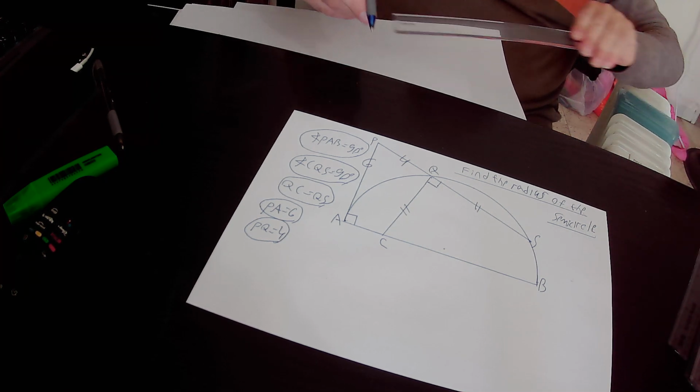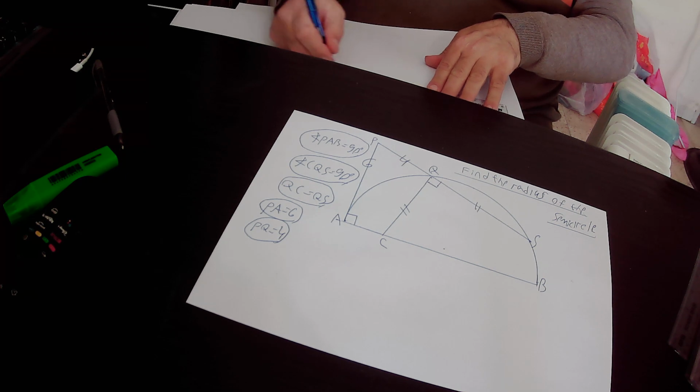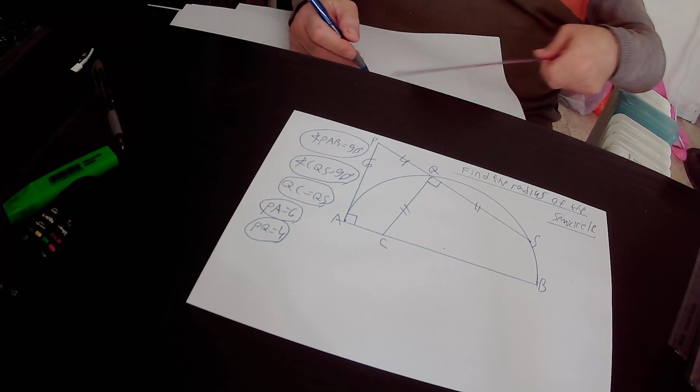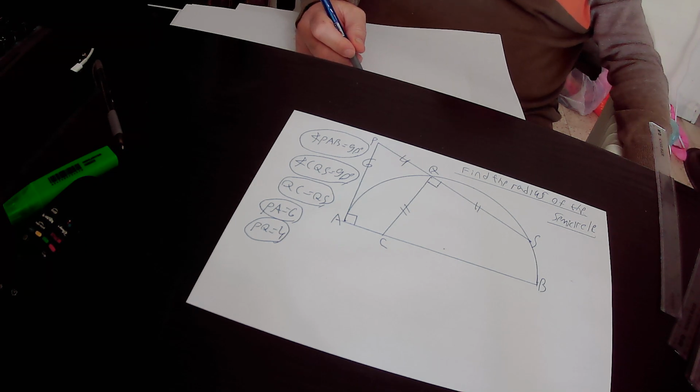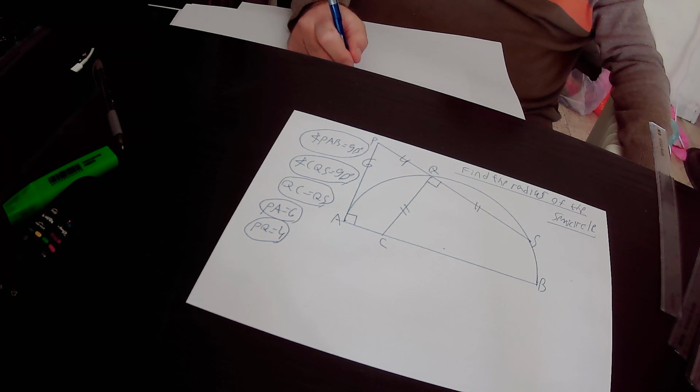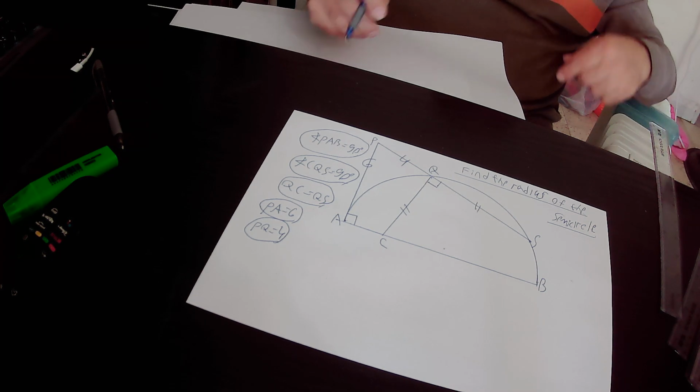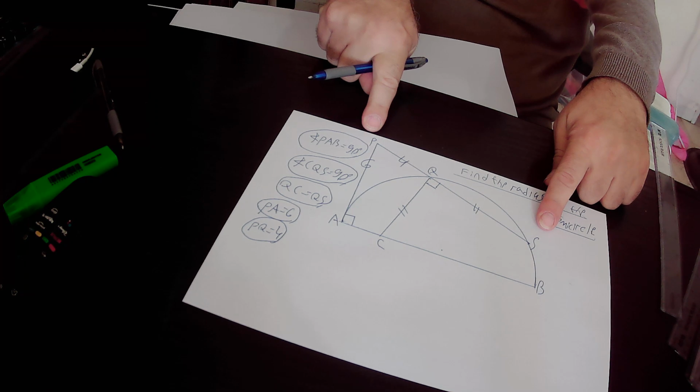PA equals 6 units in length, therefore PA square is 6 squared, that is 36, and it is equal to PQ, which is 4, times PS. PS equals in total 4 plus QS.